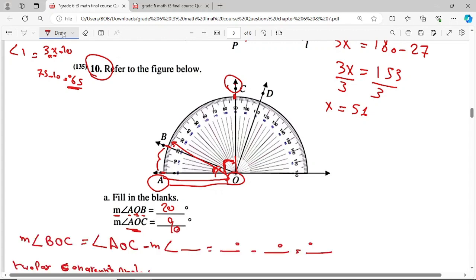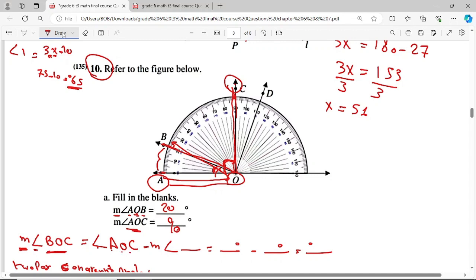Okay, now measurement of angle BOC. This is BOC. Okay, this is the angle equal to angle AOC.